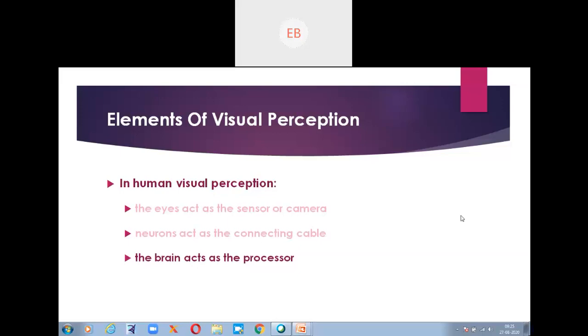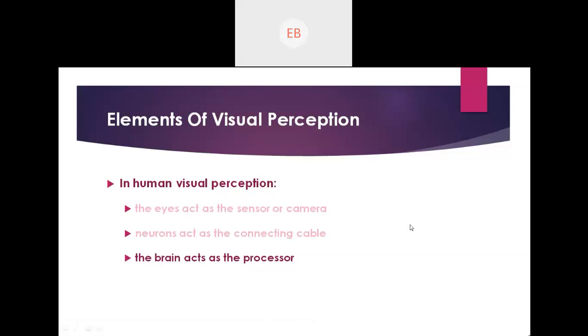But some is visible and some is not visible. It also talks about human visual perception, which consists of three main things: the eyes, the neurons, and the brain. The eyes act as the sensor or camera, the neurons act as the connecting cable between the brain and the eyes, and finally the brain acts as the processor. Okay.